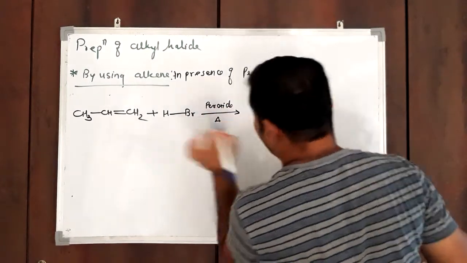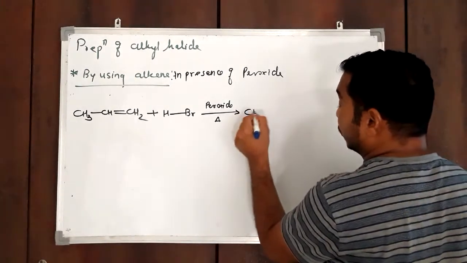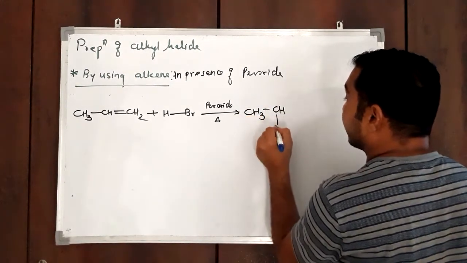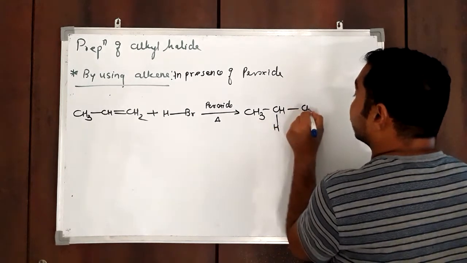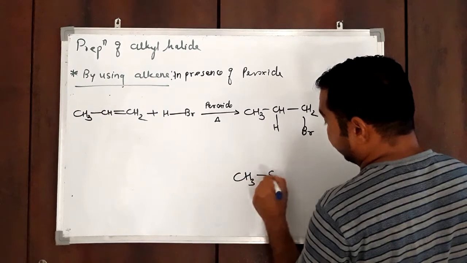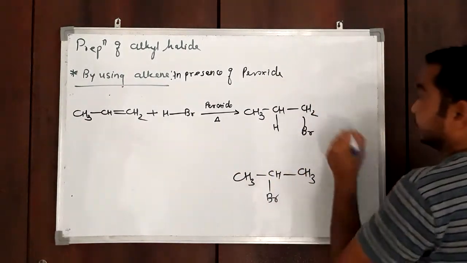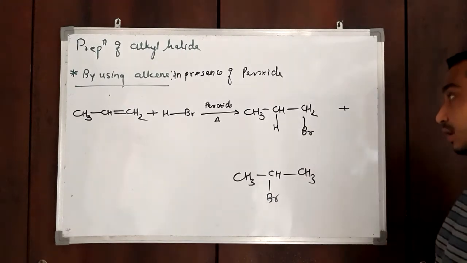Then of the two products obtained, one bromopropane and two bromopropane, one product is this, another product is this, 2 bromopropane.